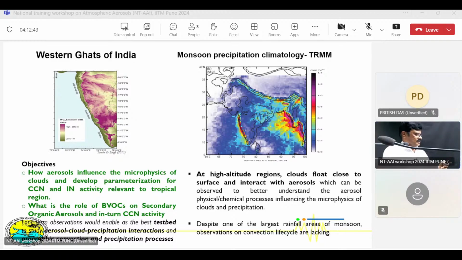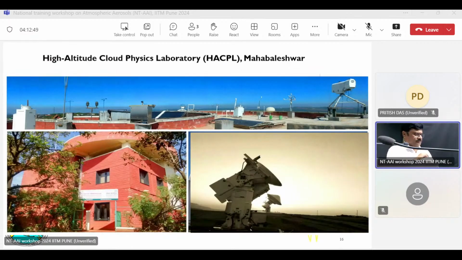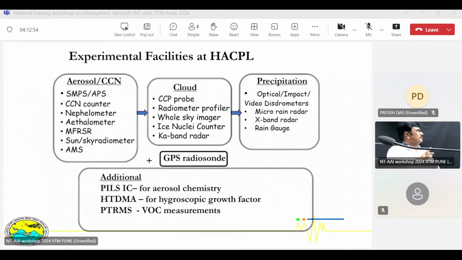So these are the objectives of the high altitude cloud physics laboratory that we will be visiting tomorrow. This is to give an overview of all the measurement facilities available at the Mahabaleshwar laboratory.